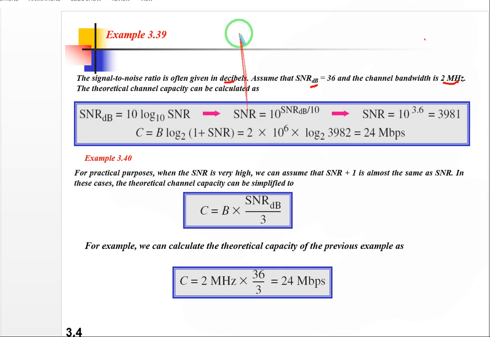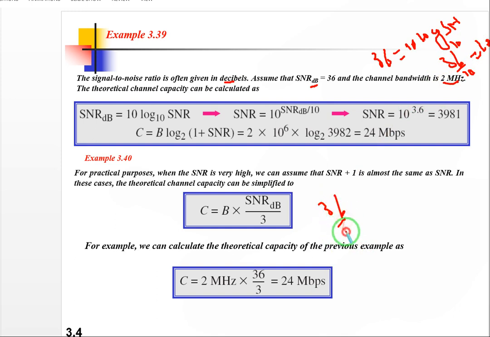Then it's simply 36 divided by 10, which is equal to log base 10 of the signal to noise ratio. So it can be 3.6.